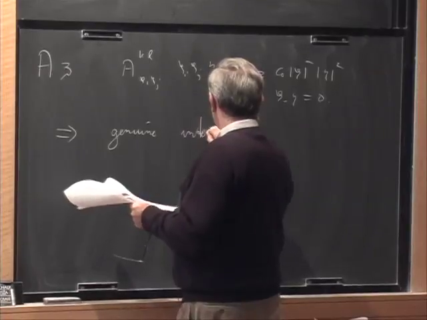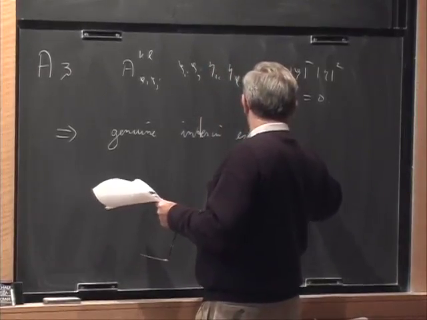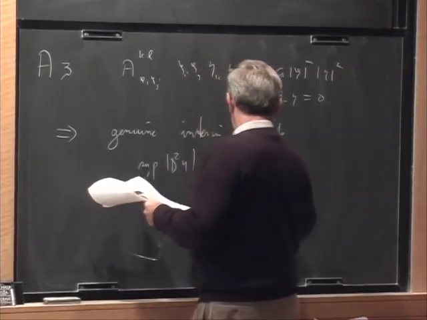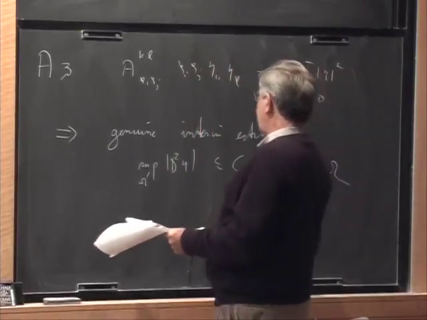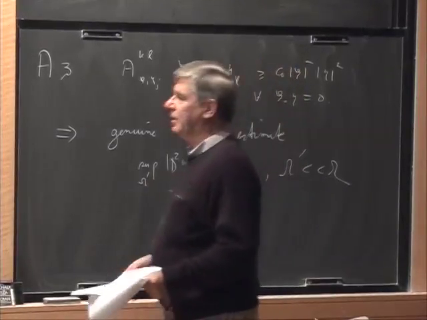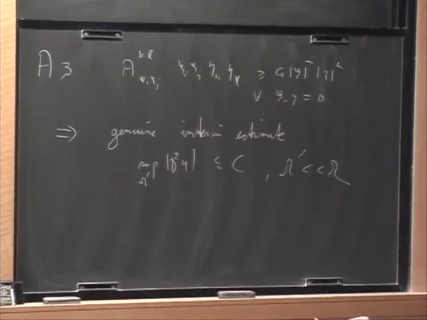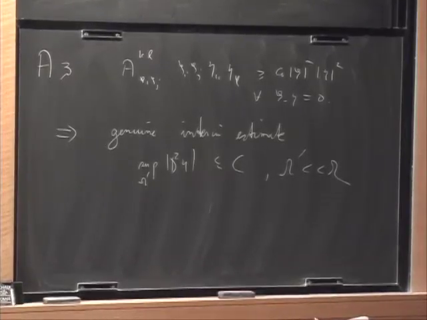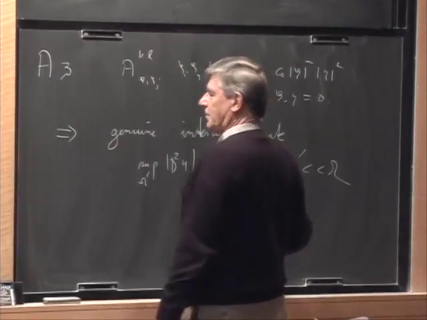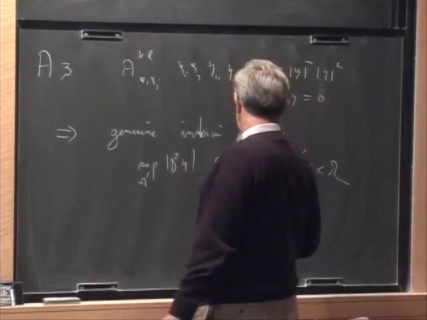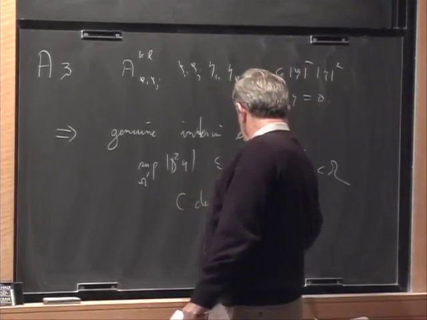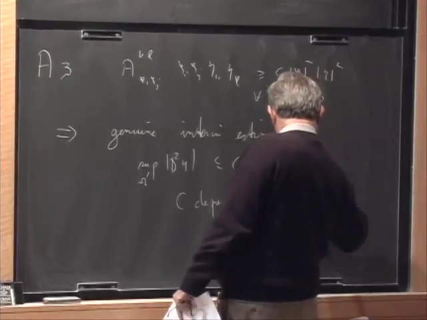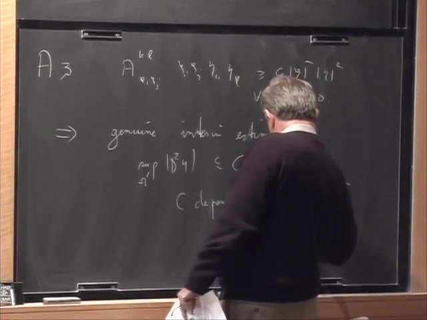So, a genuine interior estimate: the sup over any strictly contained subdomain of D2U is less than or equal to C. And this C would depend on omega prime, omega, and all the stuff that comes up in these differentiations, the C2 norms of the A's and the B's, and the gradient as well. Sup of the gradient of U, and A and B.